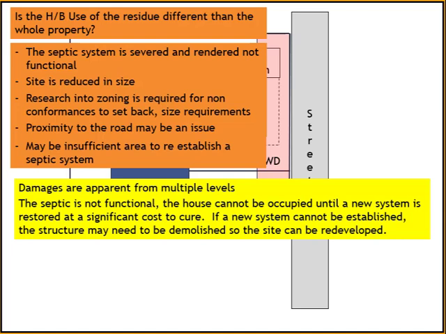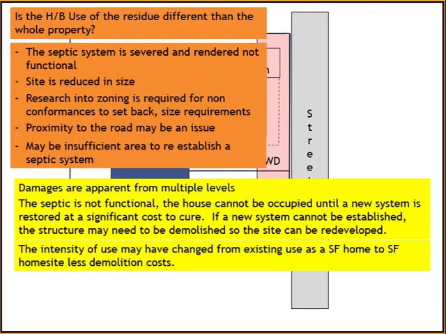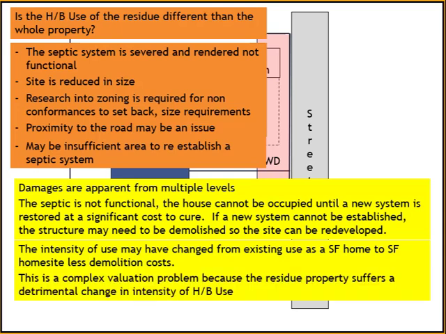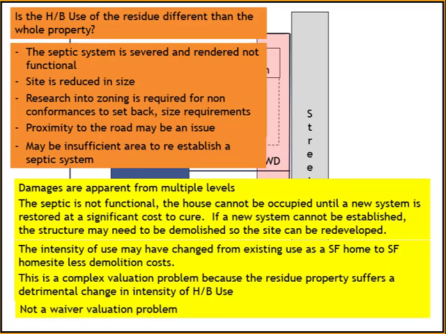And if a new system can't be established, the structure may need to be demolished so the site can be redeveloped. The intensity of use may have changed from existing use as a single-family home to a single-family home site, less demolition costs. This is a complex valuation problem because the residue property suffers a detrimental change in intensity of highest and best use. Not a waiver valuation problem.